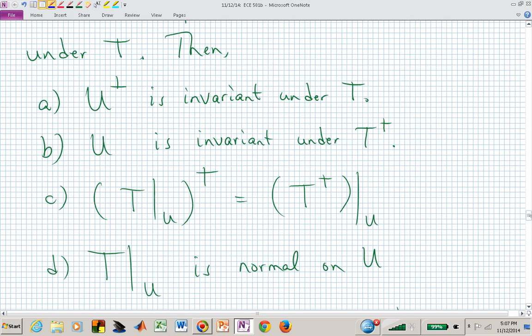B, is U invariant under T dagger? Let's see if we can show that.